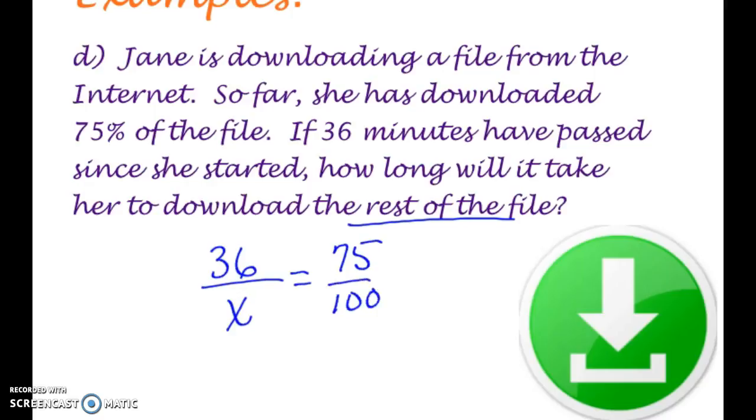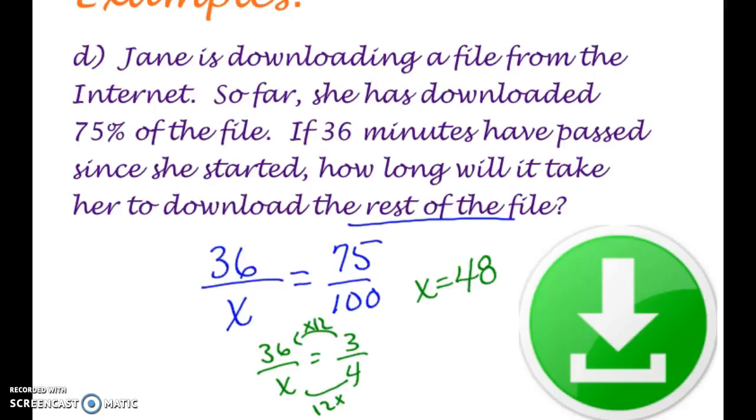Okay, so I'm going to try to use a different technique other than cross multiplying this time. I'm going to reduce 75/100 to 3/4 just because I think that will make this particular problem easier. And then I'm going to do scaling factors. So 3 times 12 gets me 36, so I'm going to do 4 times 12. So x equals 48.